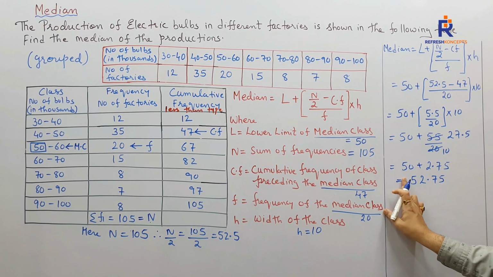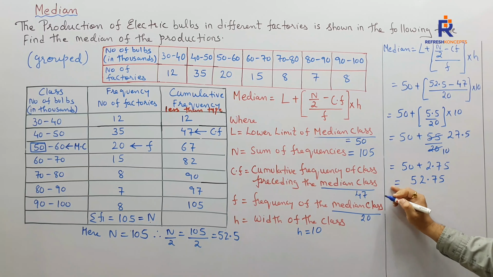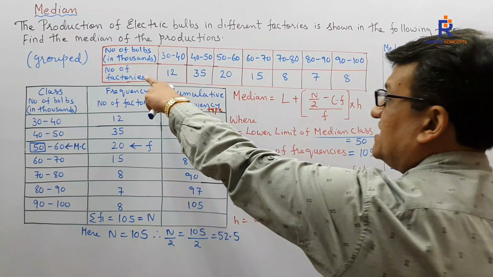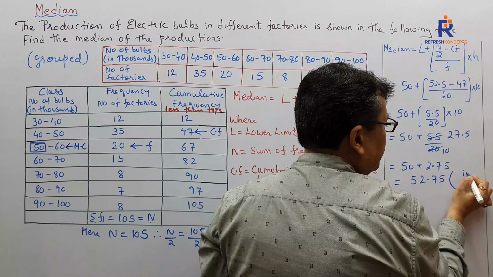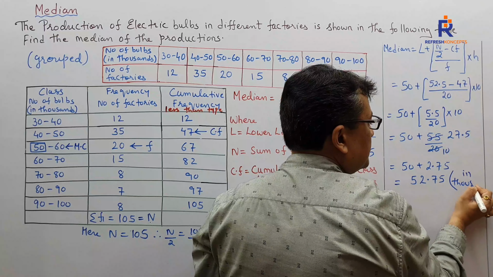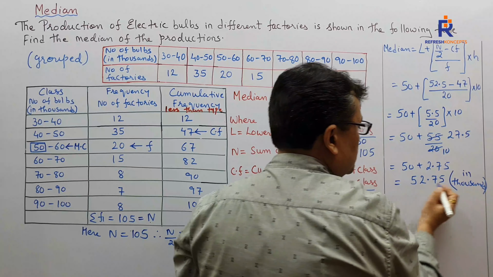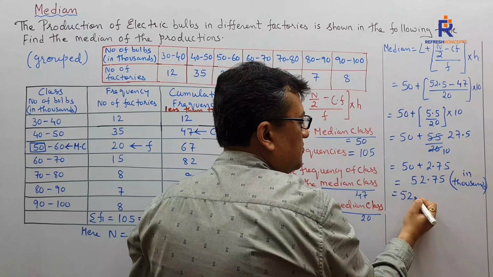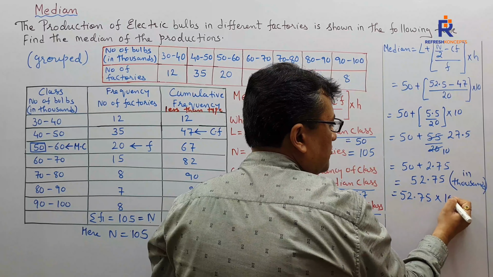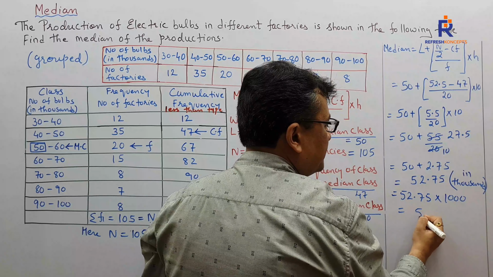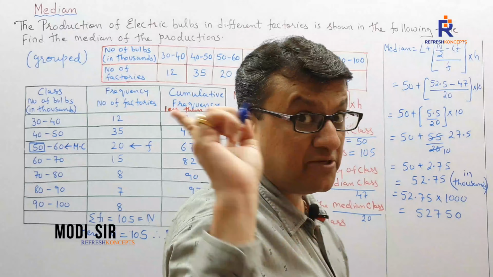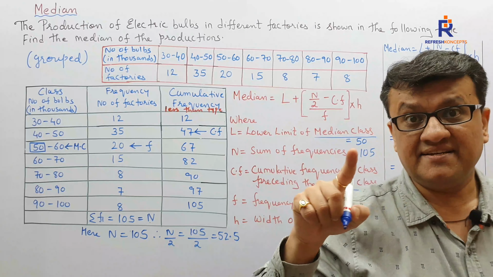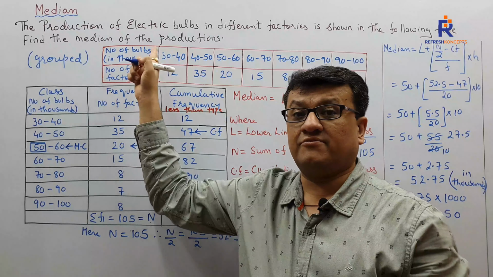52.75. But this is not the final answer, because whatever answer we get is in thousands. So I have to write down that it is in thousands. So the answer is 52.75 into 1000, 52,750. I started my sum with that, so be careful, here it is given in thousands.